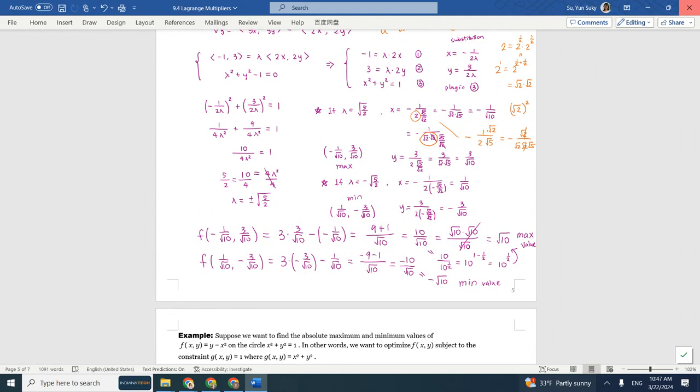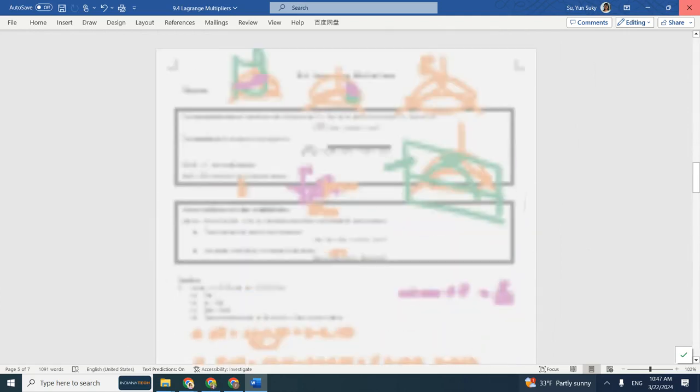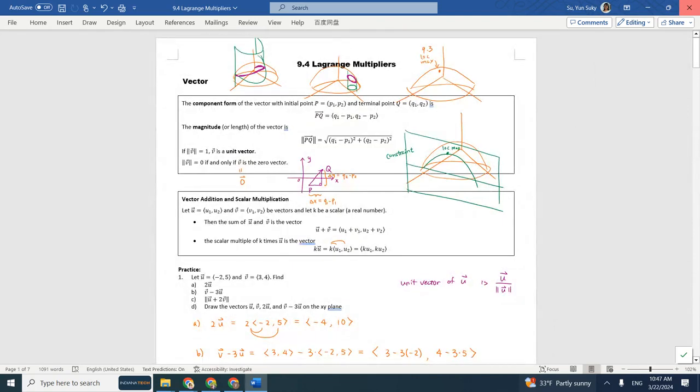Okay, let me ask you a question. In this problem, our solution, we get 2 points, so we can plug in and see which one is bigger, right? What if we only get 1 point? Then you don't have another point to compare. So in that case, for example, like this picture, do you see you get 2 points?